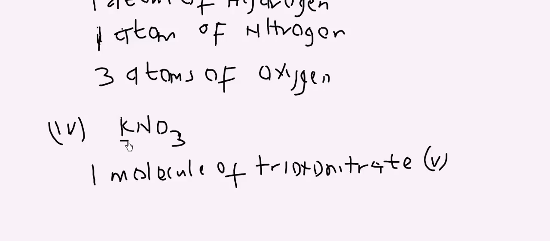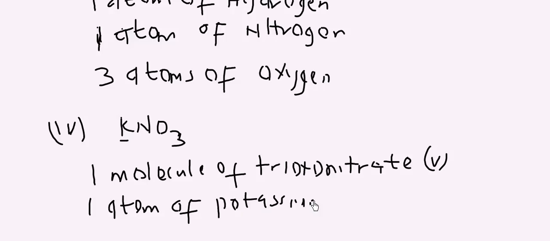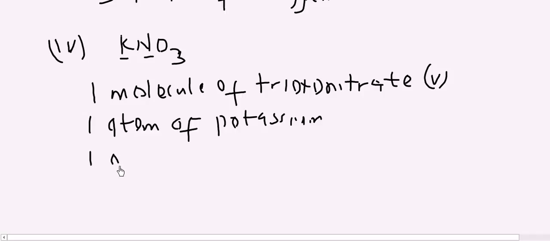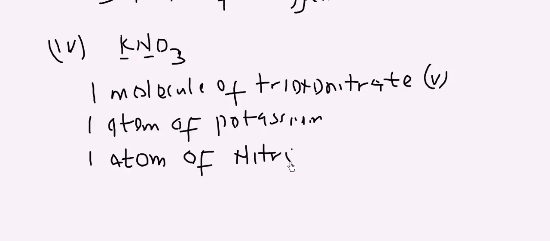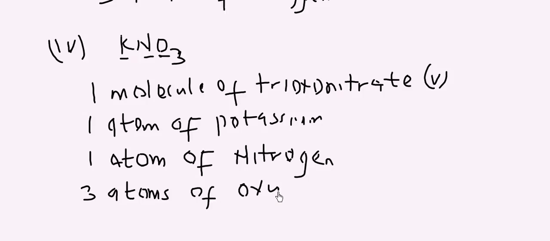So here we have one atom of potassium, K, one atom of nitrogen, and we have 3 atoms of oxygen, so O3 there. So I have 3 atoms of oxygen.